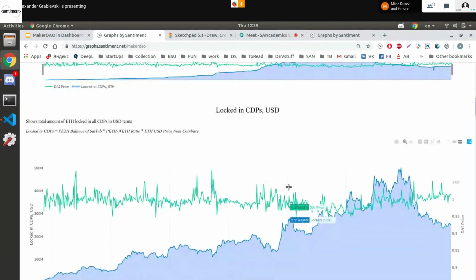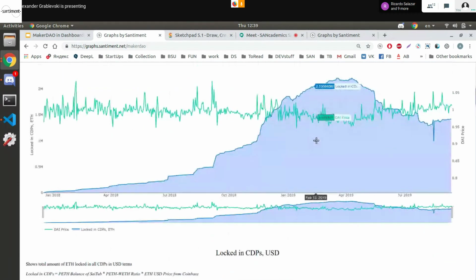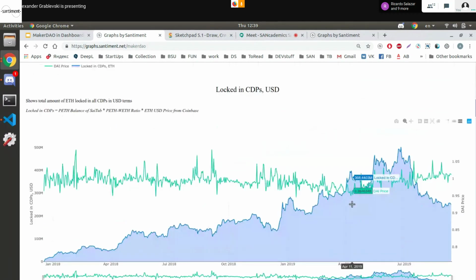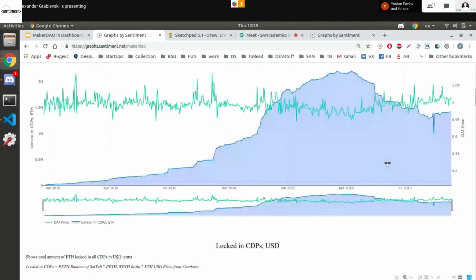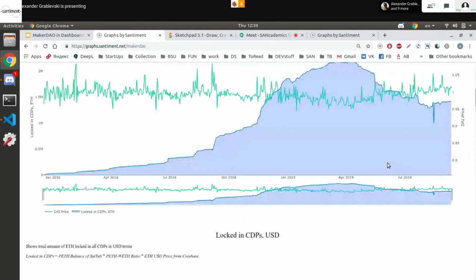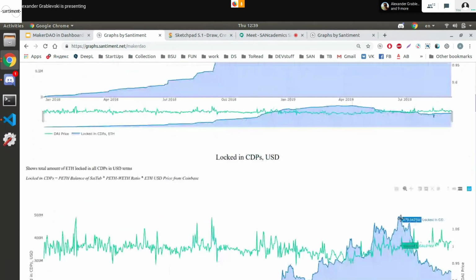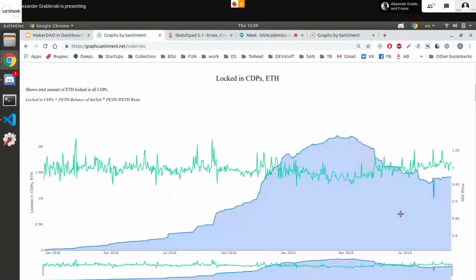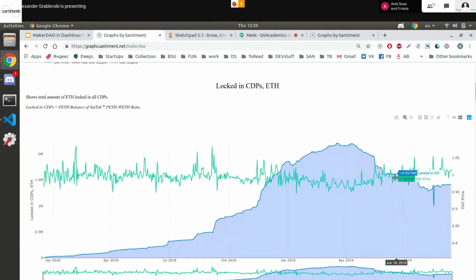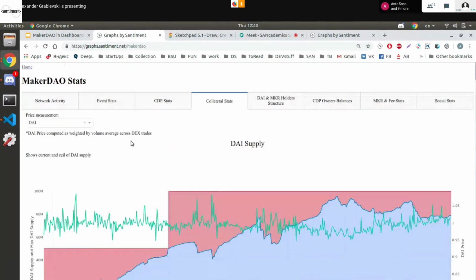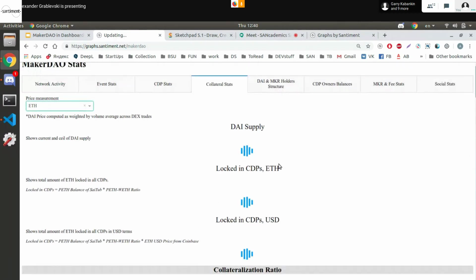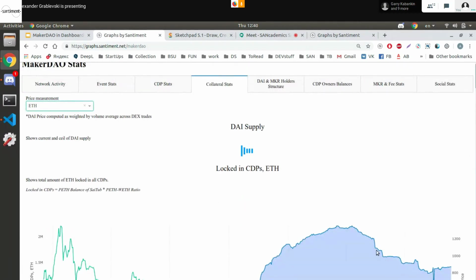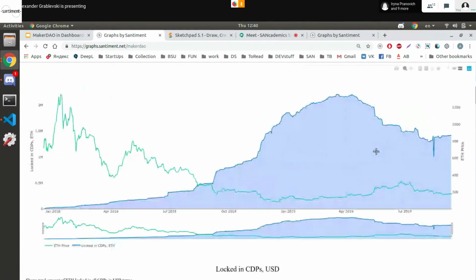That's the USD locked in CDPs. So that's the ETH measurement, and that is the USD measurement. You see that the trajectory is quite the same, but the peaks, when a lot of USD was locked, go somewhere here. So I suspect the ETH price is just going down, and we can check this. Yes, the ETH price is going down, which causes more people to unlock their funds.